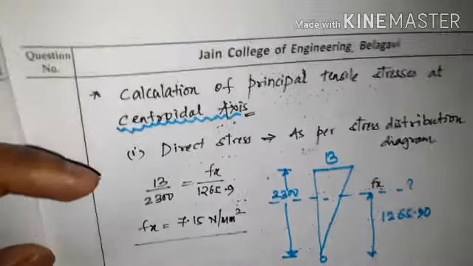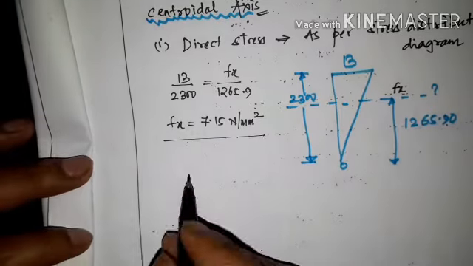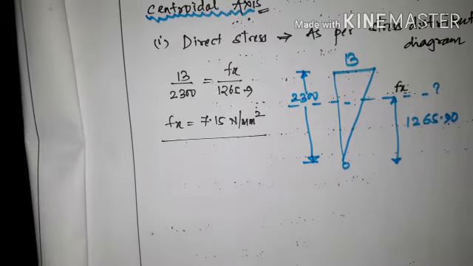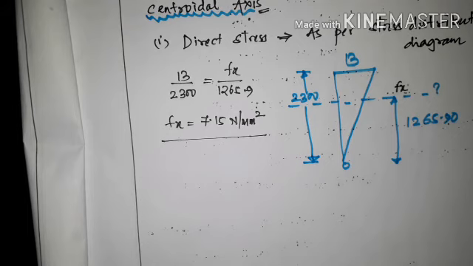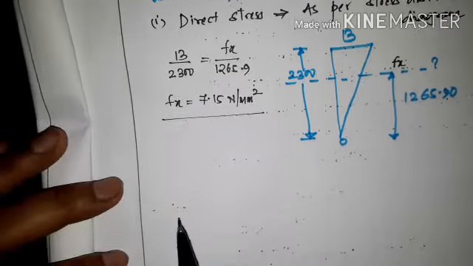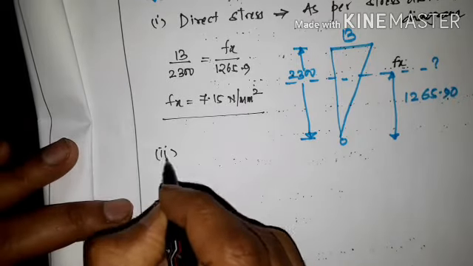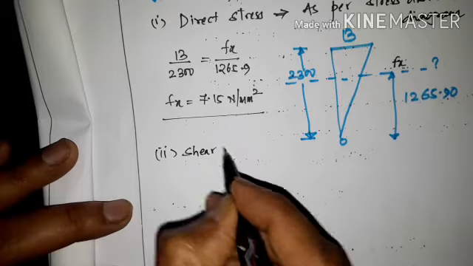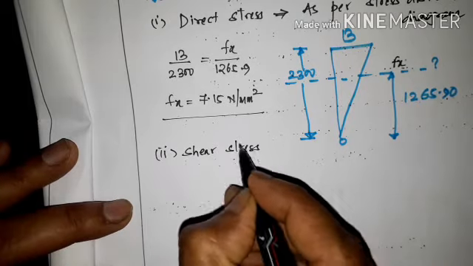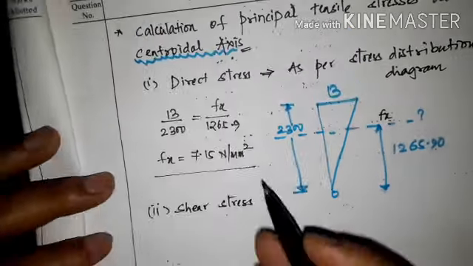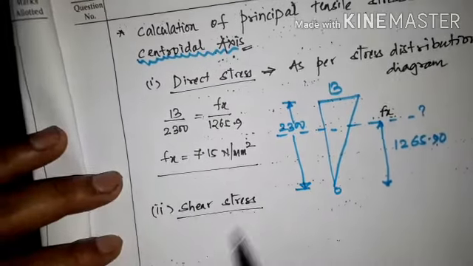Then vertical stress, we don't have any vertical tendons or vertical reinforcement here, so automatically Fy will become 0. So we don't have to calculate that. So next is shear stress. First is direct stress, then shear stress.